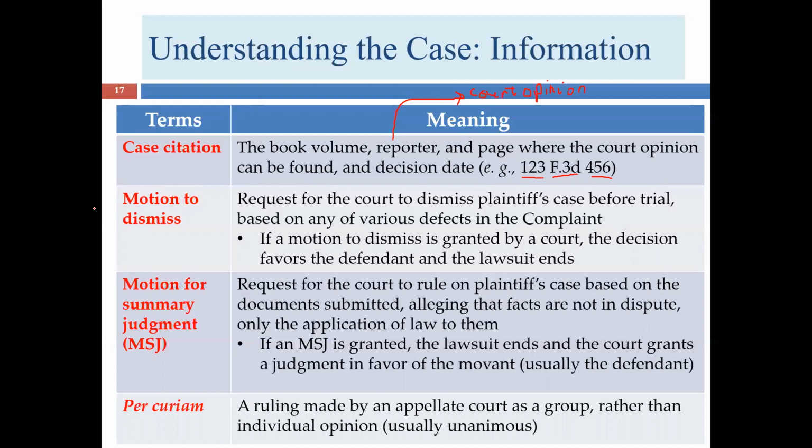It is filed usually early in the case, and the person filing it, typically the defendant, is going to be requesting that the court dismiss, delete, or cancel the plaintiff's case, usually because there's a problem with the initial documents that the plaintiff filed. If the court grants the motion, then the plaintiff is going to have to start his or her case from scratch, from the very beginning.